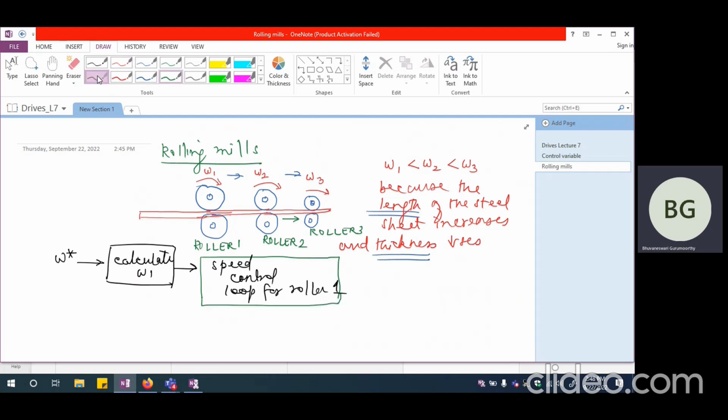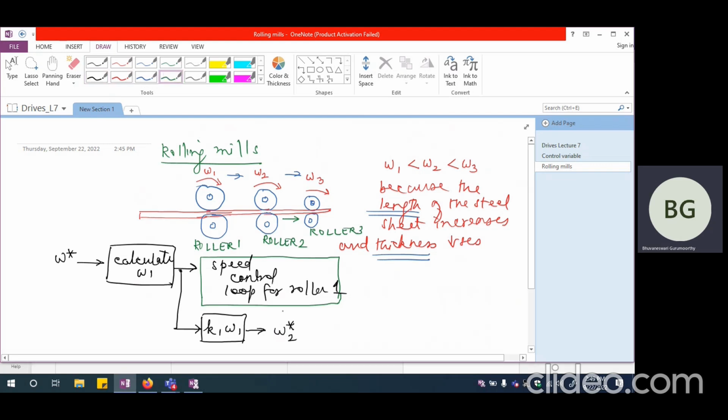Then from omega 1, I might have to put a K factor. So let's say K1 times omega 1, which will actually give me the speed of roller 2. So this is essentially omega 2 star, what I have got for roller 2.